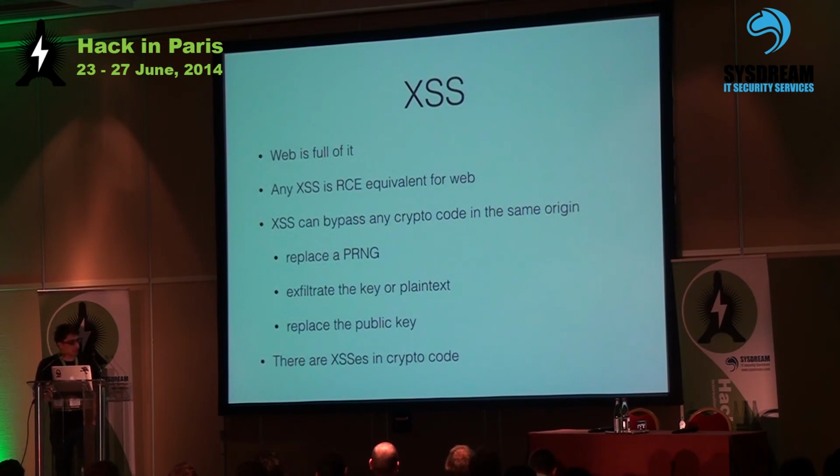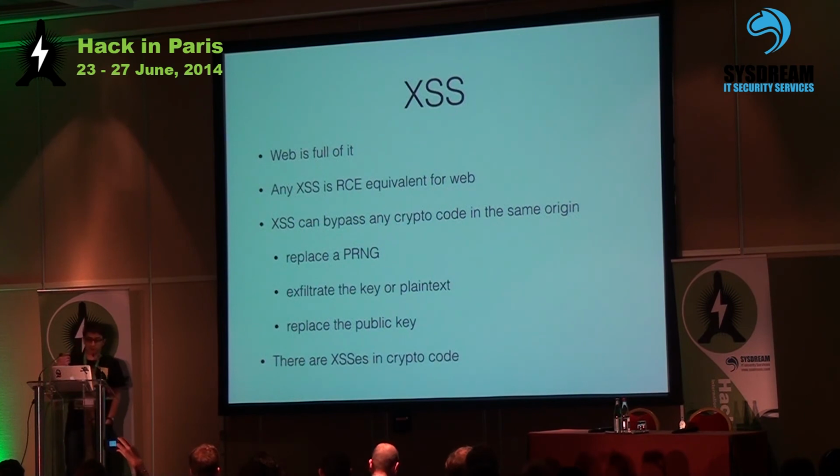But what I would argue is that you need to look at cross-site scripting as an equivalent of remote code execution, especially in crypto libraries, because XSS can basically bypass any sort of security guarantees that your JS code has within the same origin. So, for example, you can replace a random number generator, exfiltrate the key, or like you're almost limitless in that area.